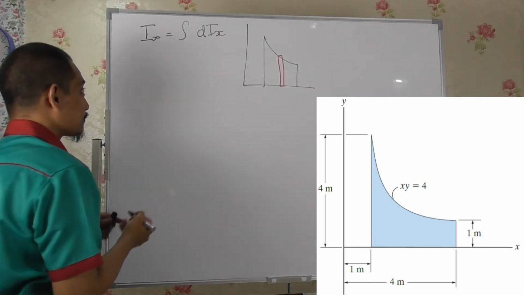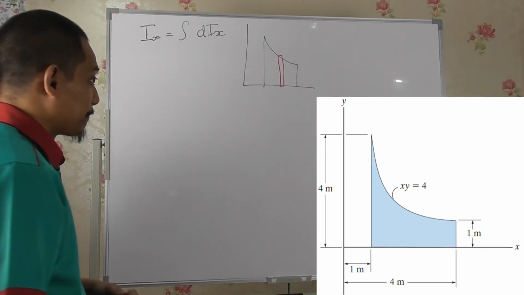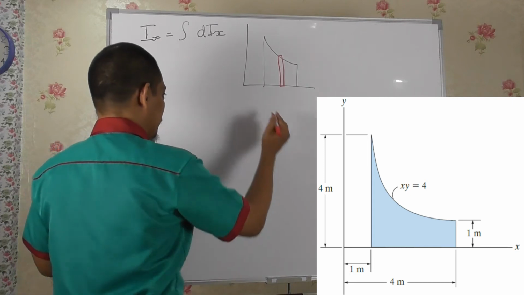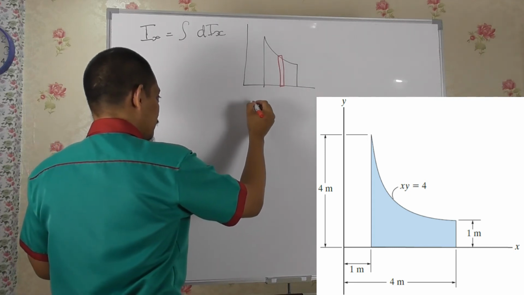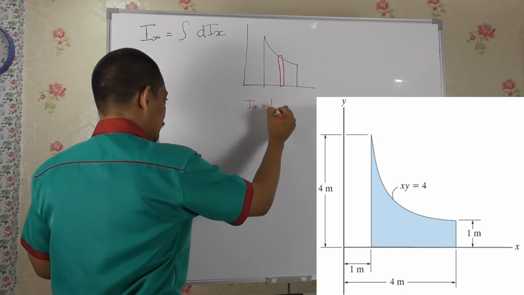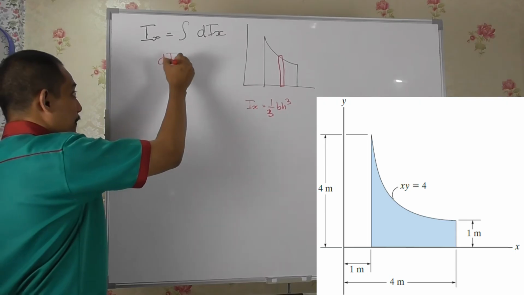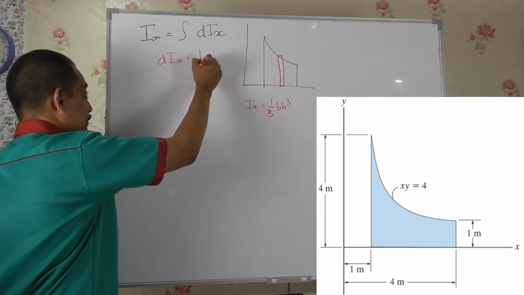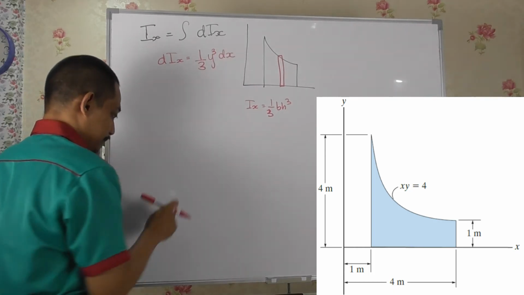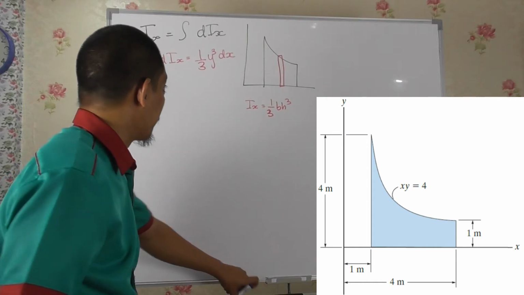This assumes you are already familiar with this. So based on Ix equal to 1 over 3 bh cubed, dIx will be 1 over 3 y cubed dx. So based on that, we can just plug in.